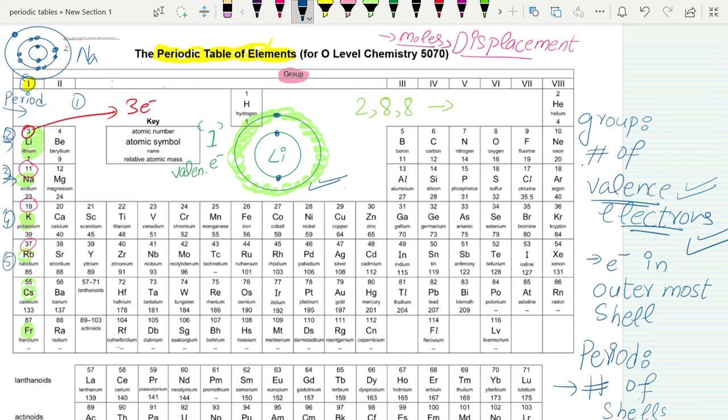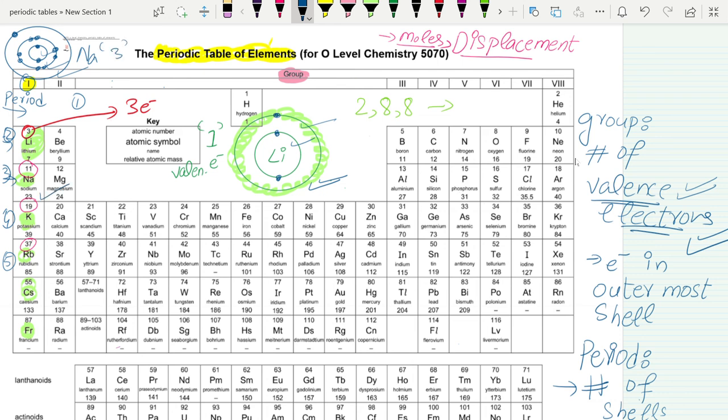Now what does the period mean? The number of shells. Lithium is in period 2, and hence it has only 2 shells. Sodium has 3 shells, hence it is in period 3.